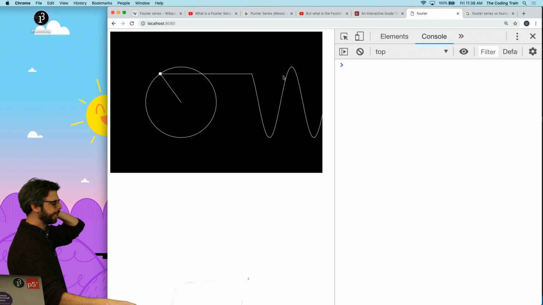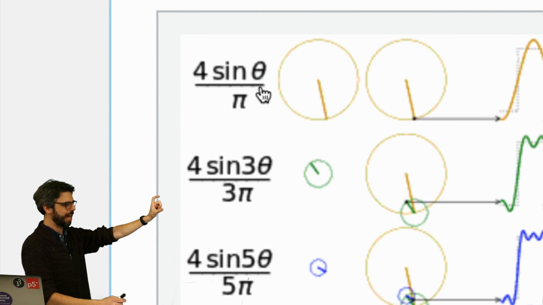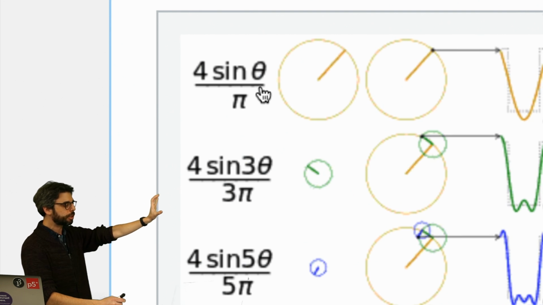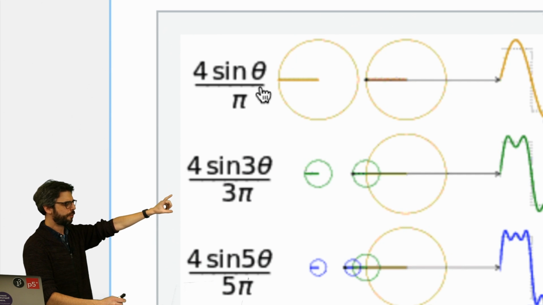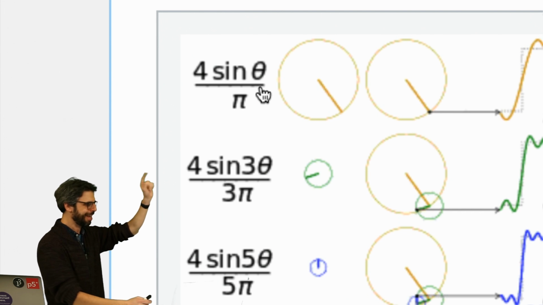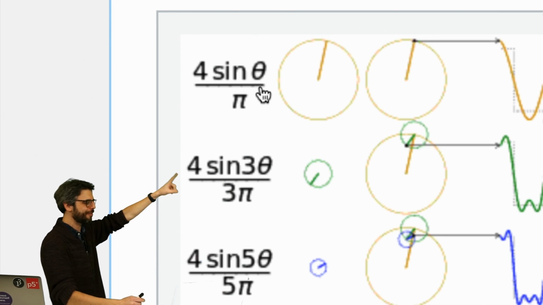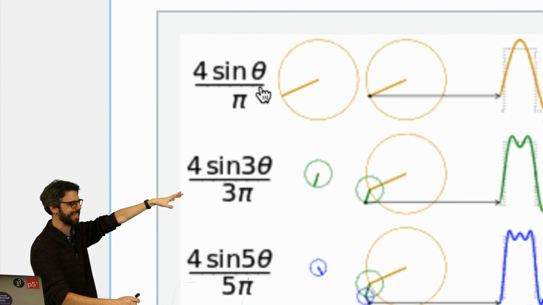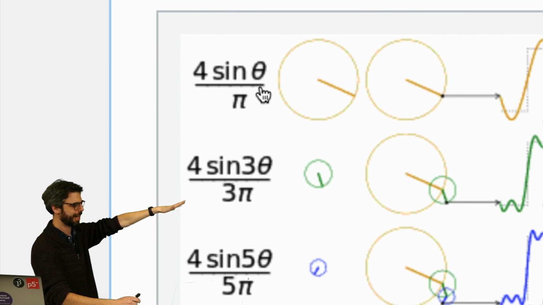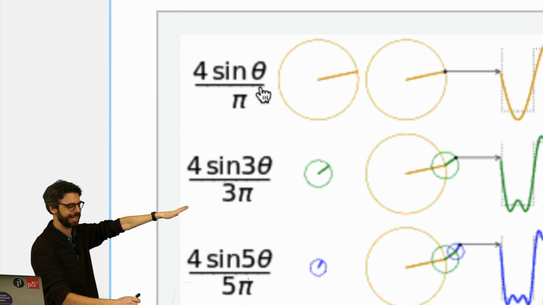So if theta is my time, and 4 divided by pi is basically my radius in a way here. I'm kind of conflating some things, but I can start to use this particular series to understand the ratio of the radii and the frequencies between these different oscillating circles.